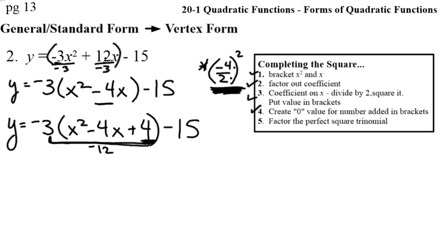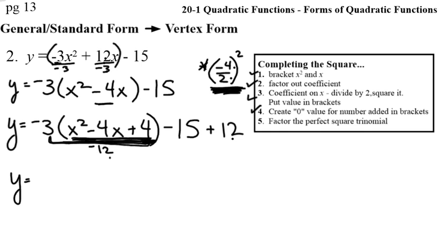I changed it. How do I counteract the negative 12? I add 12 to the end. Because putting this negative 12 in and that positive 12, I've actually added a value of 0, which doesn't change the information, but gives me stuff that I need. Now, I factor my perfect square.